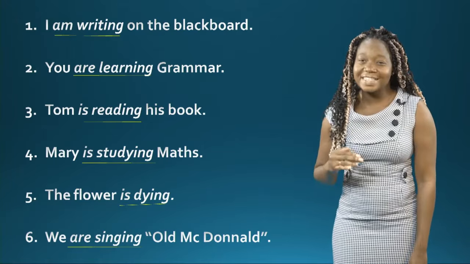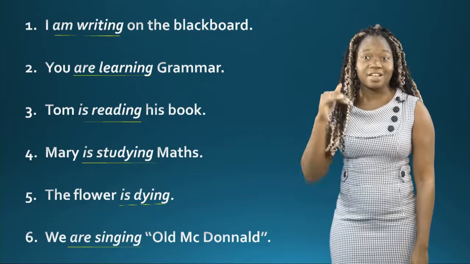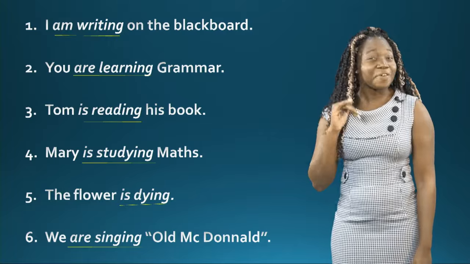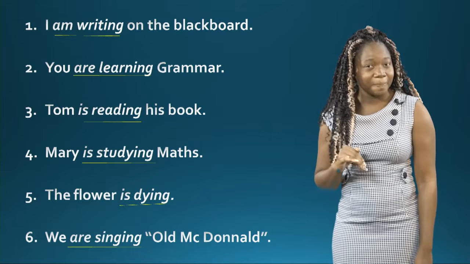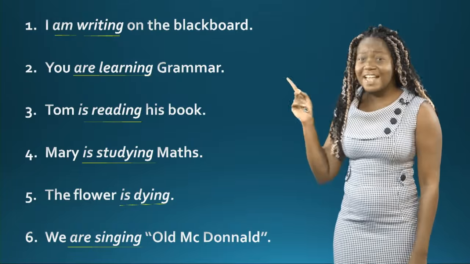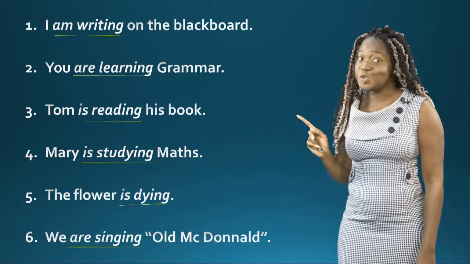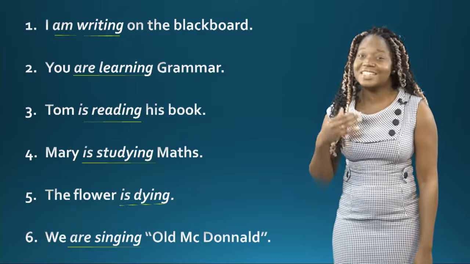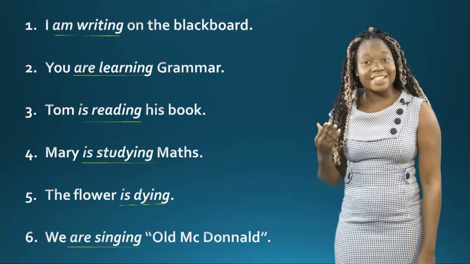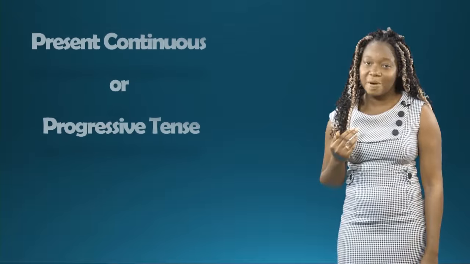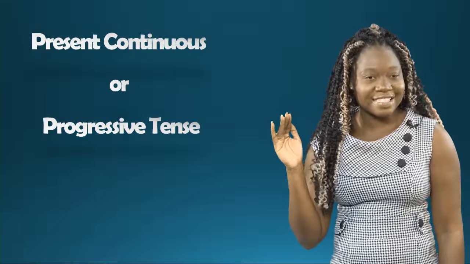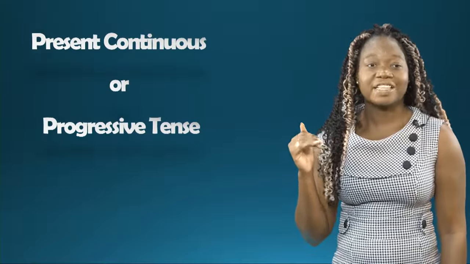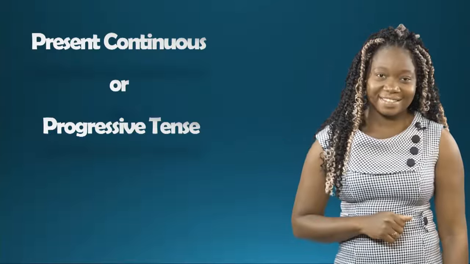They're all relating to actions being done now, in the present time. But have these actions stopped? No. So it is progressive or it is continuous. As such, we are talking about present continuous or the progressive tense.